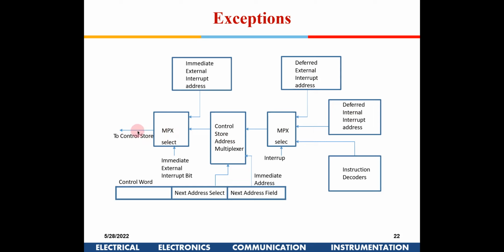This multiplexer is directly controlling the control store, whereas this multiplexer is placed one level after. It will allow the present instruction to complete, and only then service these interrupt requests. Okay, so these interrupt requests have been placed towards the right of the control store address multiplexer. So you have external interrupt as well as internal interrupt here, right?